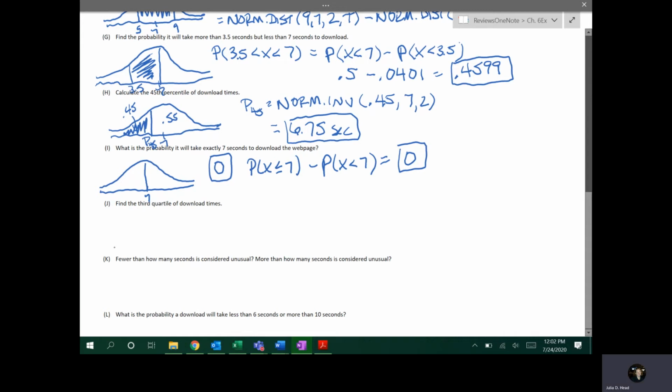Part J, also taking you back to Unit 1 vocabulary, the third quartile. It would probably be easiest to remember that the third quartile, Q3, is the same thing as the 75th percentile. And we just did a percentile question a moment ago.